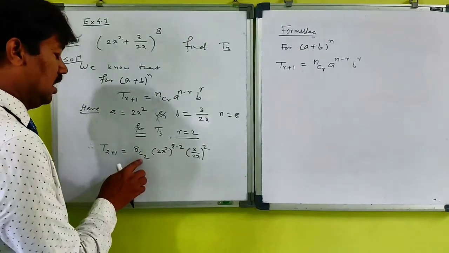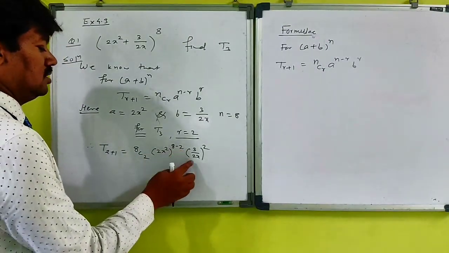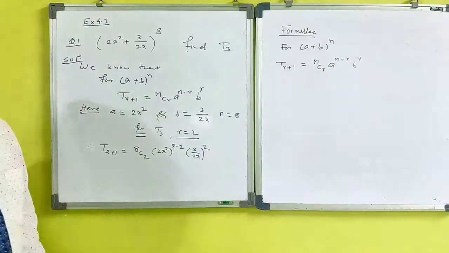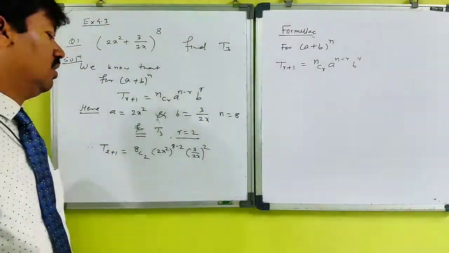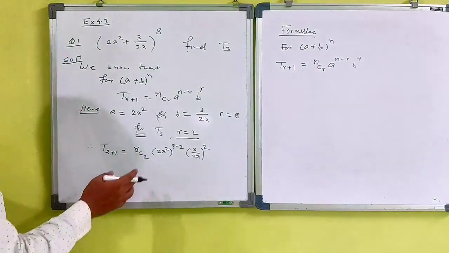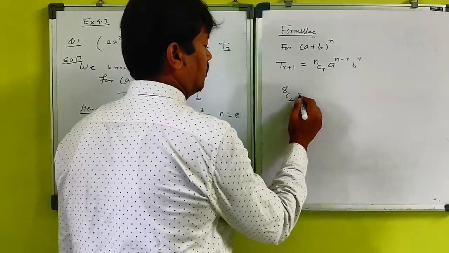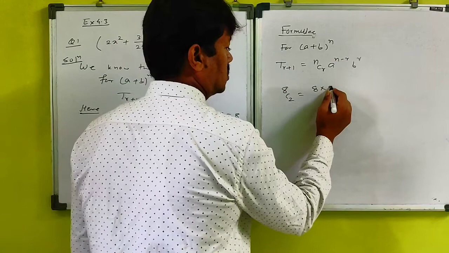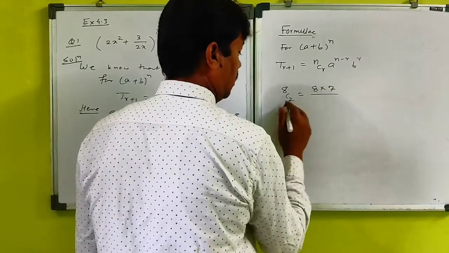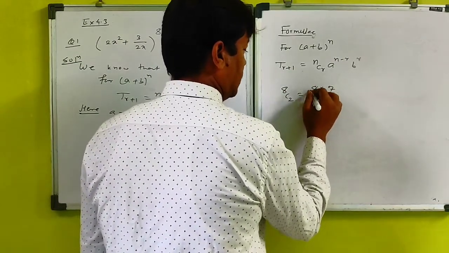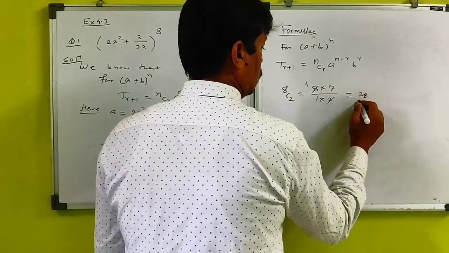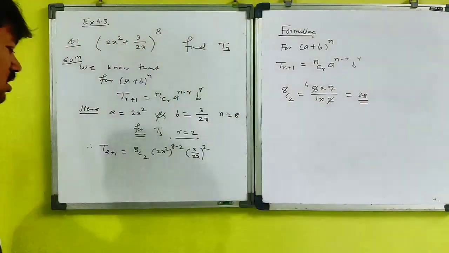So that is nCr, a raised to n minus r, b raised to r. Now we have to just find this. How to find 8C2, which we know already, but we'll revise it again. 8C2 is 8 into 7, that is 2 terms, you have to go backward, then 1 into 2. That is cancelled. So it is 28.